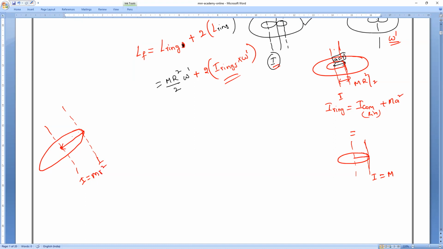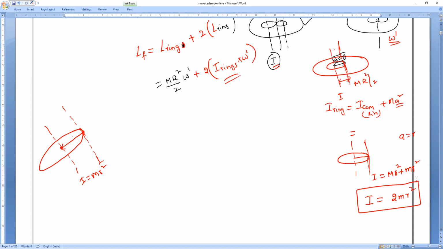Now it is passing at the corner. So how to find it now? M R square plus m into a square, where a is equal to R, so that is M R square. So I is equal to 2 M R square. That's all it is. If you know that, it will be over.